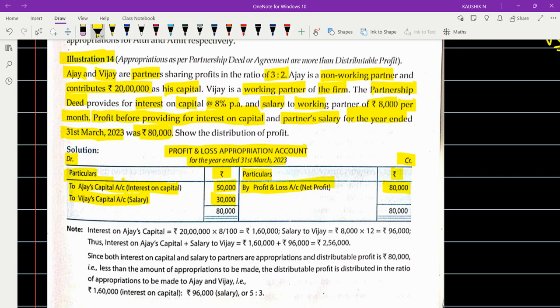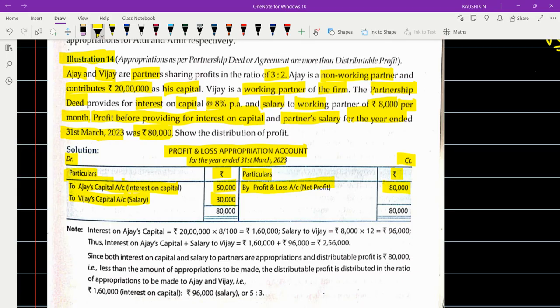So keep in your mind very clearly: when the profits are not sufficient, we will not be providing the amounts we have calculated in our working notes as they are. We will be reframing the values by substituting them in the appropriation ratio, and only that amount will be distributed among the partners, and it will not be distributed as share of profits.